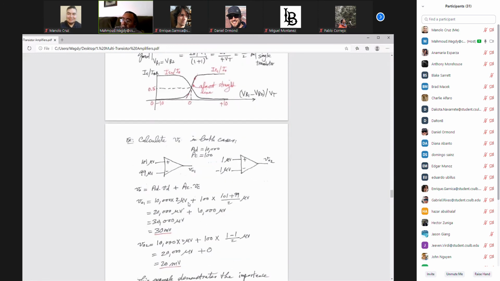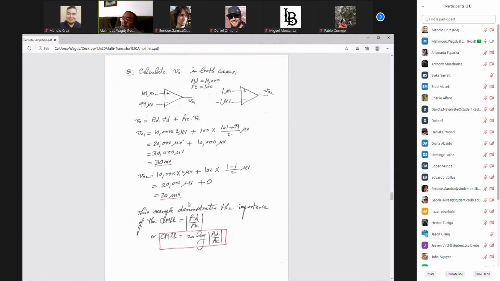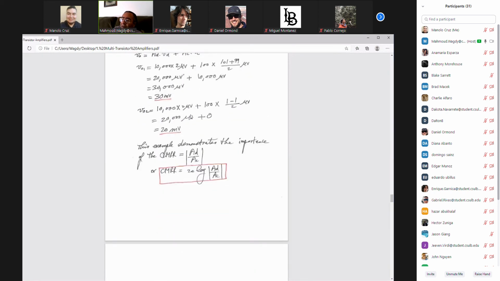Let me give you the overall picture of these amplifiers. With the amplifier, we work with two gains.